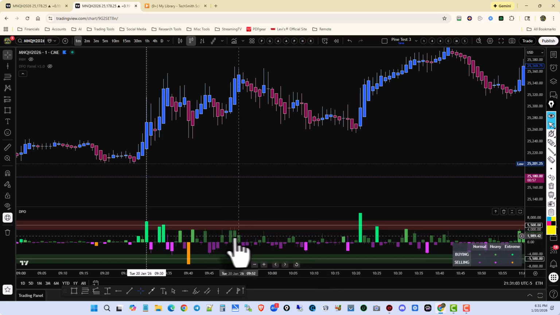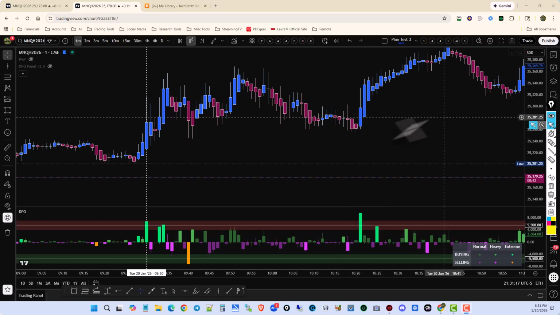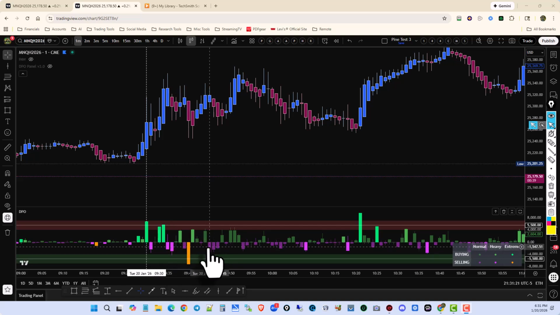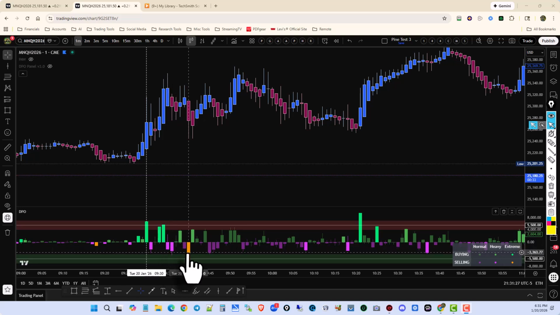Normal candles meaning normal in volume. Heavier volume is going to be lighter, and the extreme is going to be the lightest. Now on the sell side, the regular maroon candles are going to be normal volume. The higher volume candles are going to be pink, and the extreme volumes are going to be orange.